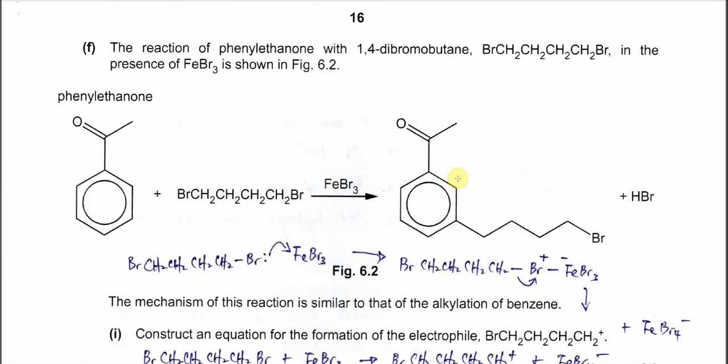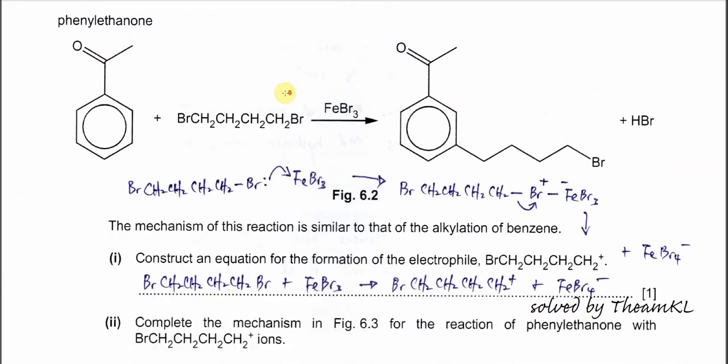Okay, part F. The reaction of phenylethanone, right? So this one is a ketone, with 1,4-dibromobutane in the presence of FeBr3. So this reaction is given, and the mechanism of this reaction is similar to that of alkylation of benzene.